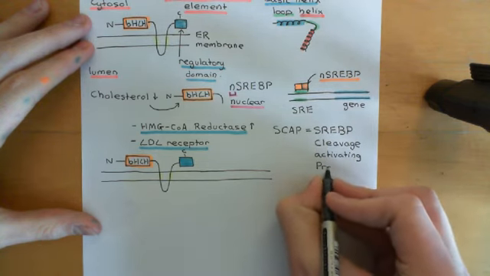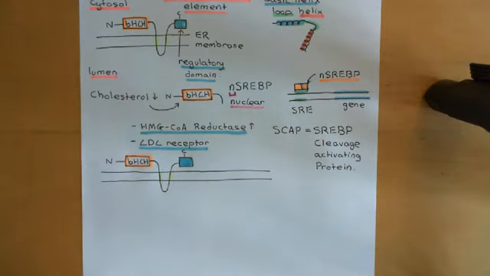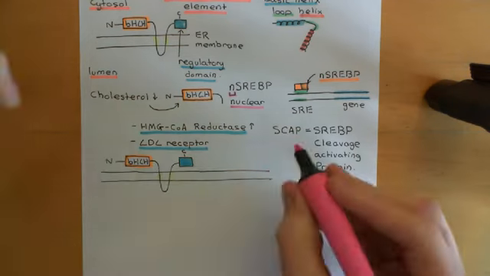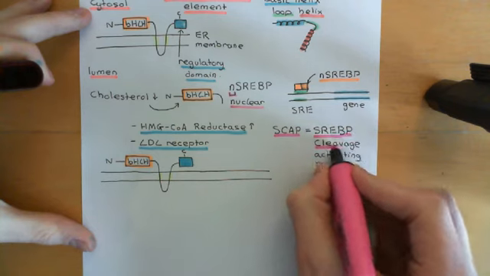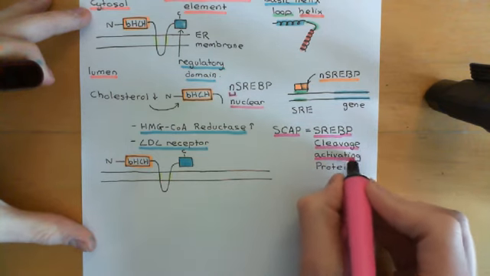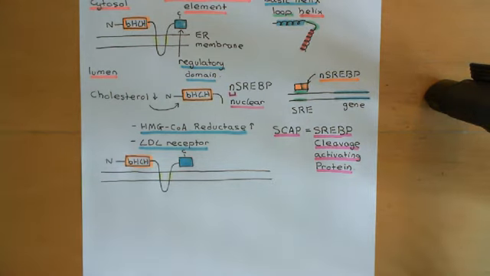So SCAP is the sterol response element binding protein cleavage activating protein. It's a massive great name. SCAP is another protein which is present within the ER membrane and which is capable of binding to SREBP proteins, and indeed will bind to SREBP proteins.